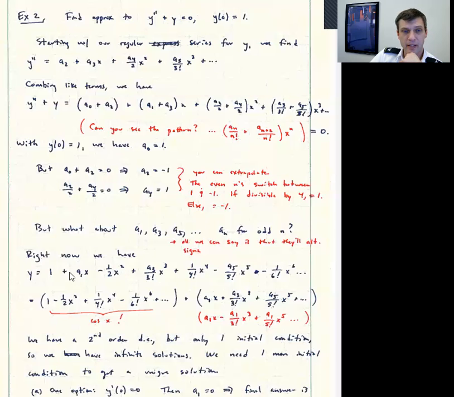So I have this pattern: 1 plus a1x minus a half x squared plus this a3, which is actually negative a1, and this a5, which is actually a1 as well. And then, frankly, I think this little minus sign right here is a typo. Sorry about that, folks. That should be a plus right there. I was thinking in advance that eventually it's actually going to be a negative number.